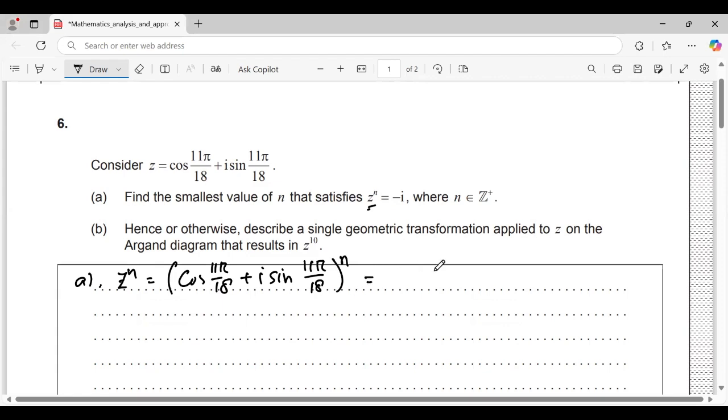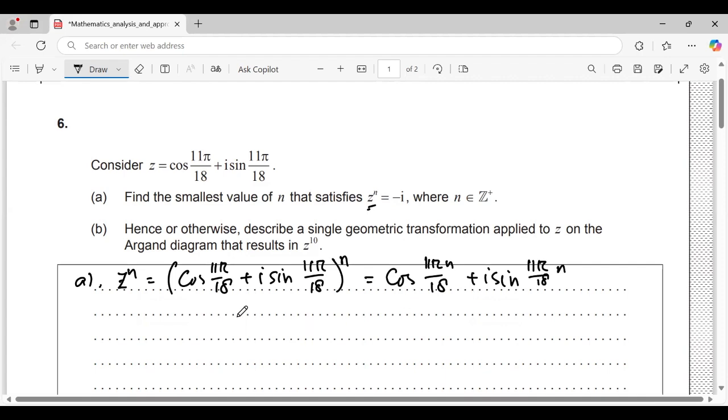According to De Moivre's theorem, this becomes cosine 11 pi n over 18 plus i sine 11 pi n over 18.